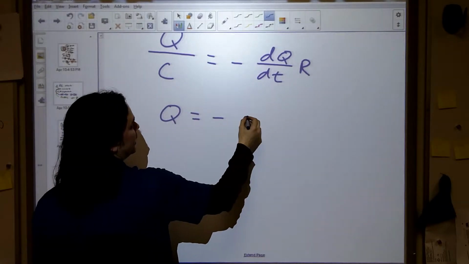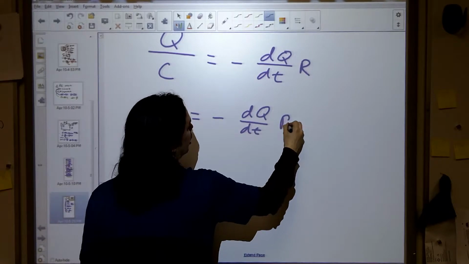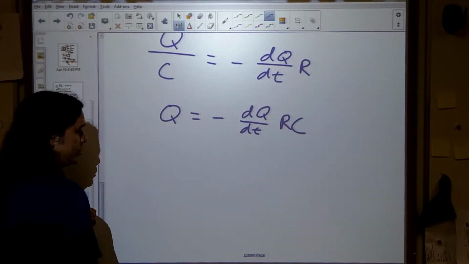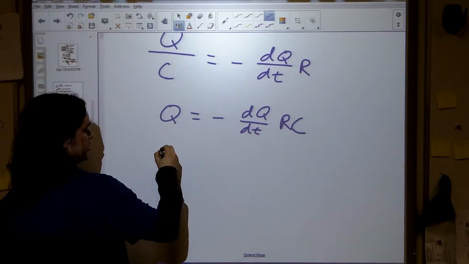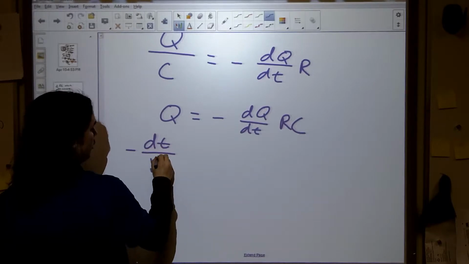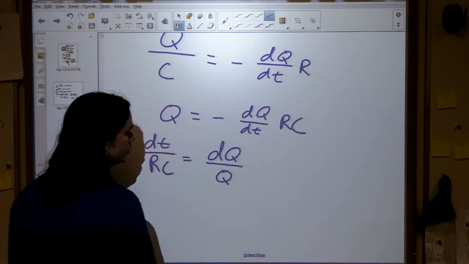Q equals negative dq dt times RC. I'm going to do a little bit of algebra all together here, so feel free to pause and double check this. But I should end up with negative dt over RC equals dq over Q.